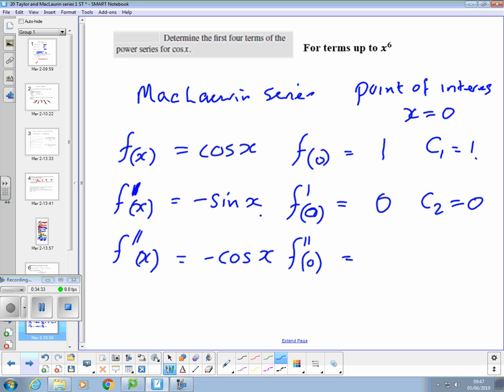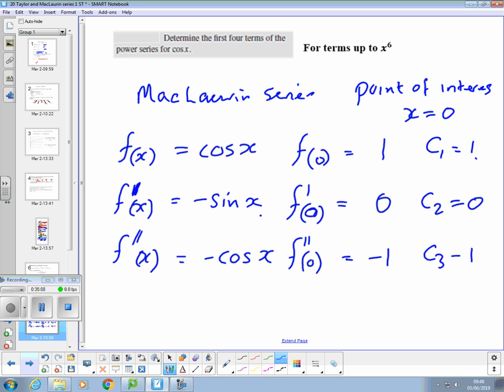So when you differentiate sine x, you get cos x multiplied by minus 1. If you look at this table of derivatives, you go from sine to cos without changing the plus or minus. But because that's a minus sign, that's going to be minus the result. So the answer to that is minus 1.